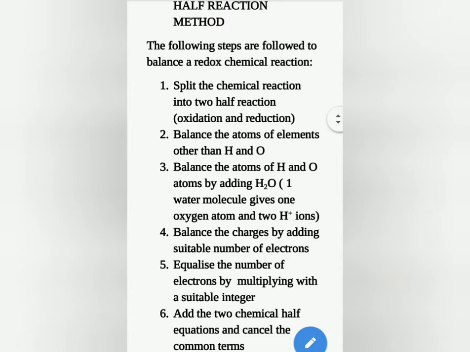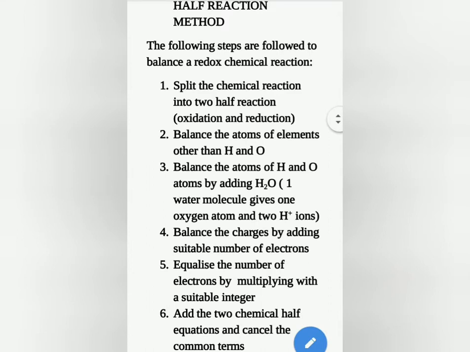Fourth, in the case of basic medium, we have one more extra step, that is, an equal number of OH minus ions has to be added on both sides of the same equation. And the next step is to balance the charges by adding a suitable number of electrons, equalize the number of electrons by multiplying with a constant, and finally add the two chemical equations and cancel the common terms.